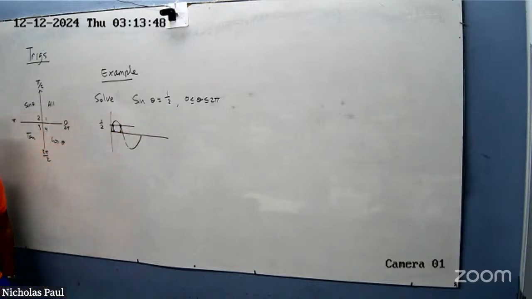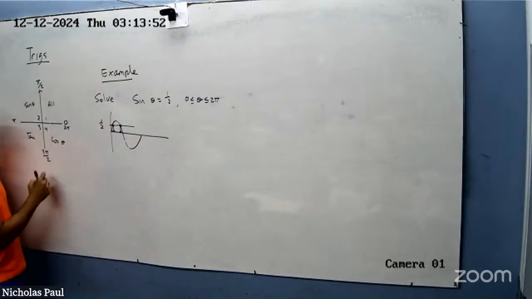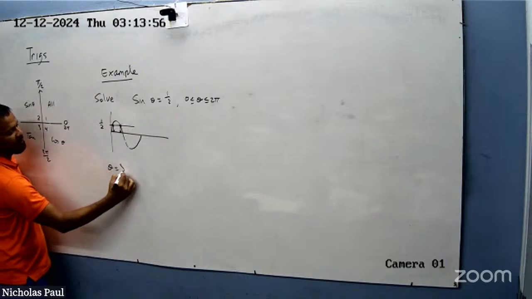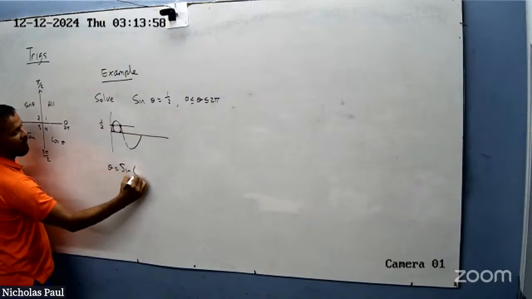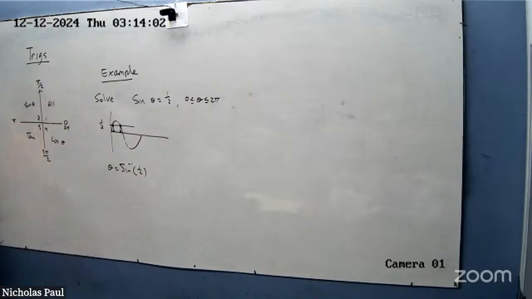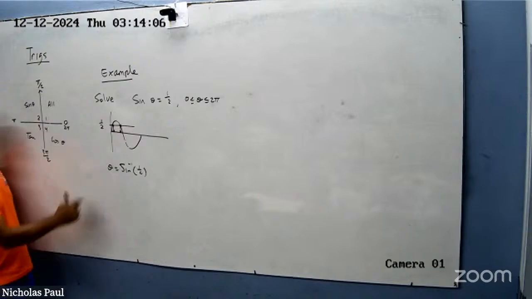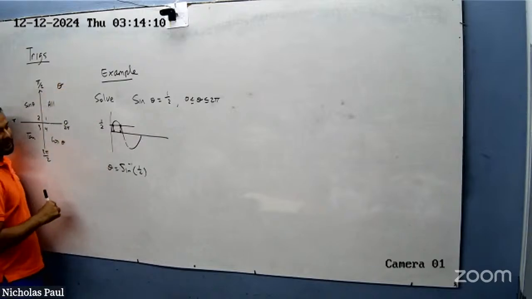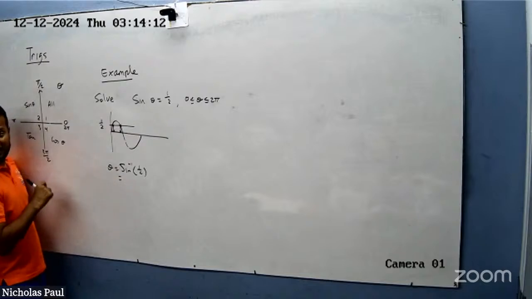How do I get those two values? To get the first value, you just simply go to your calculator and find sine inverse a half. That'll give you your first value. What is sine inverse a half?